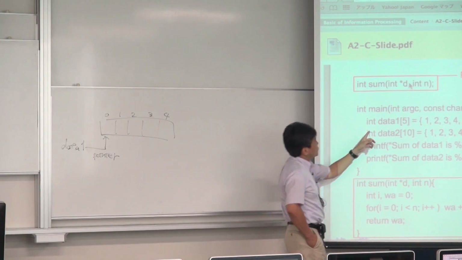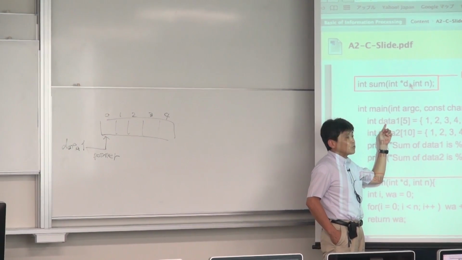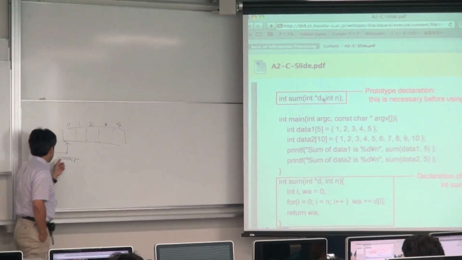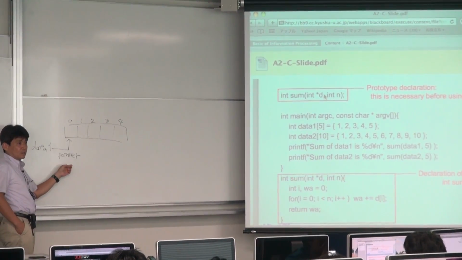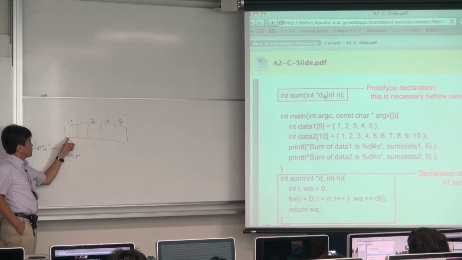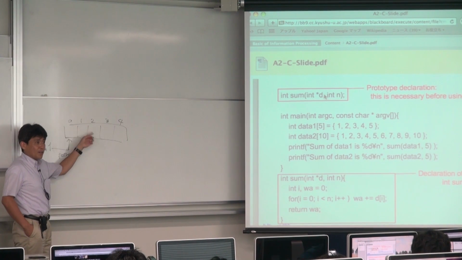So in this case, the variable name data one is actually treated as a pointer to refer to the location of the arrays.